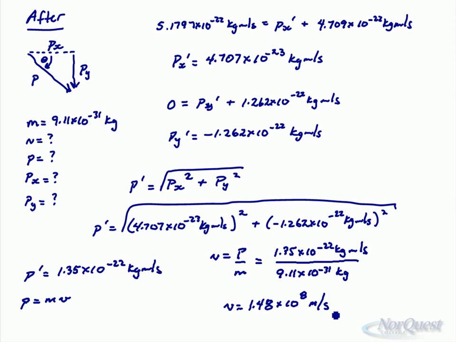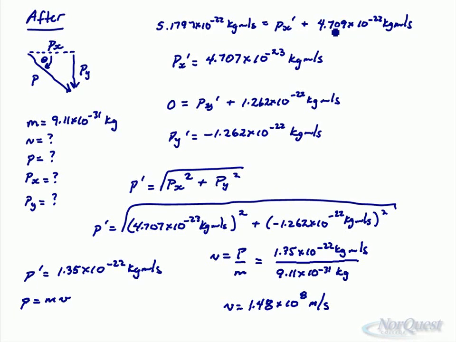Before I do the angle on the next slide, let me just recap what I've done. I calculated the momentum of the incoming X-ray, I calculated the momentum of the exiting X-ray and found its components. Now the electron's components have to add back to the original: total momentum in the x before, total momentum in the x after. The 5.1797 was the momentum of the photon coming in the x direction.